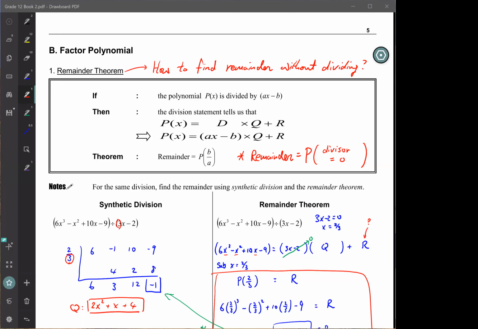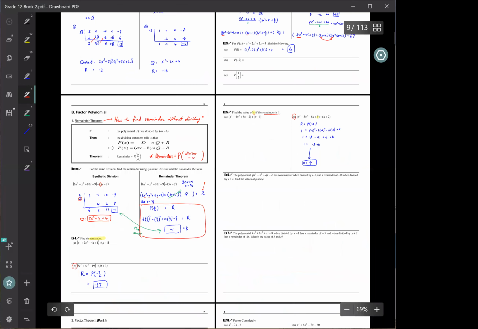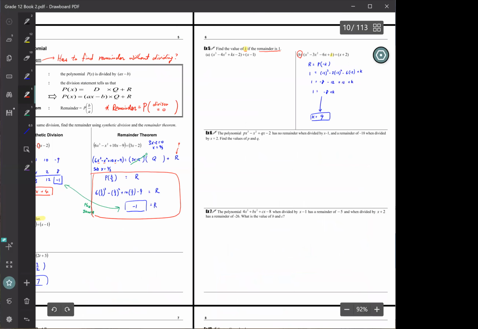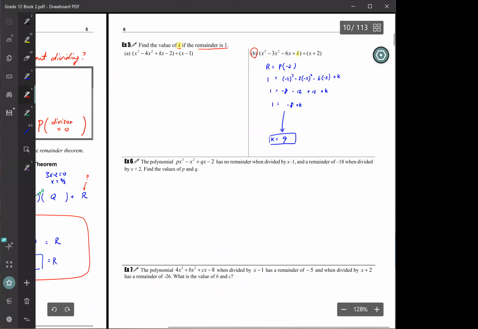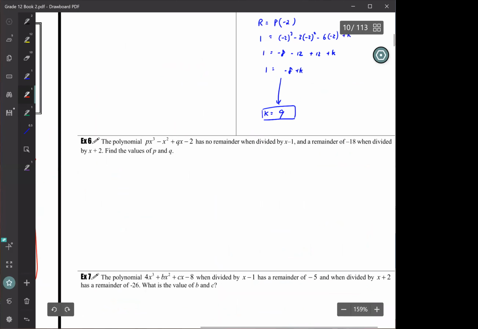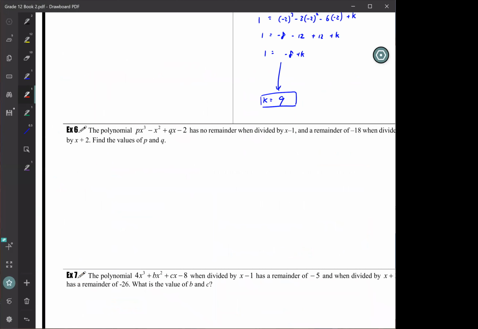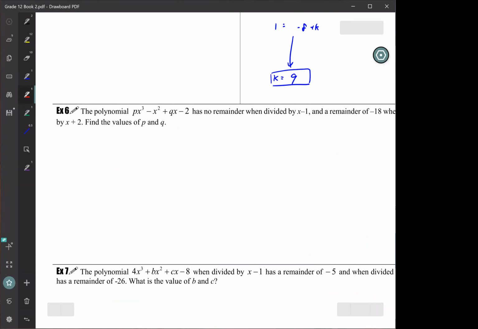Okay, very good. All right, so let's look at one more question, okay? This time is similar to question 5, except it has 2 unknowns. You can take a look. The polynomial P is x cubed minus x squared plus qx minus 2, right? There's a p and q missing.